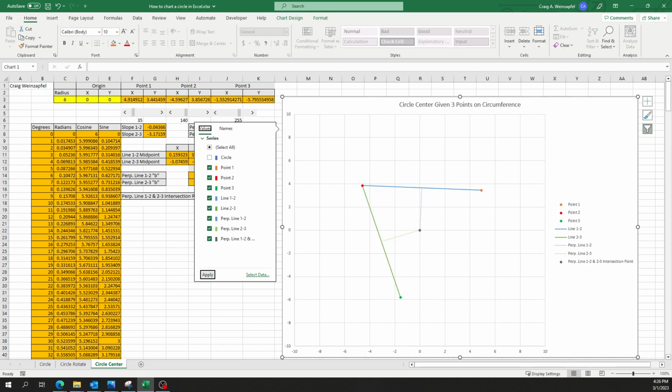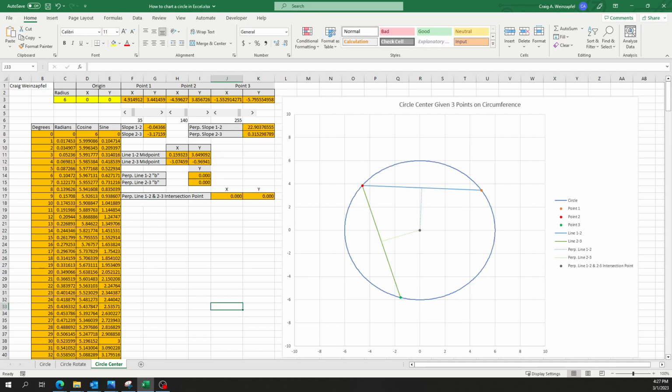It's the center point created by that intersection. And then by knowing the center point of the circle and the radius, you can calculate the equation for your circle, which looks like that.